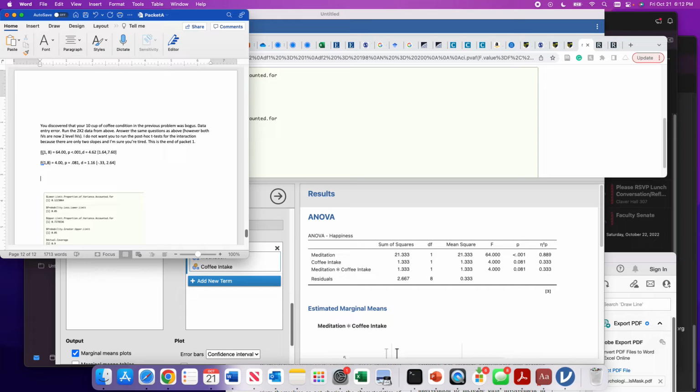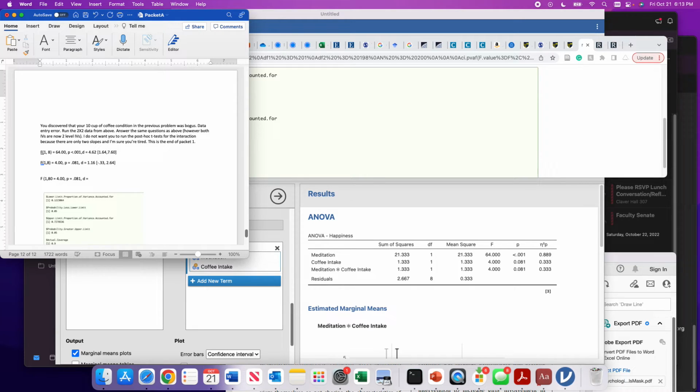So we have, our interaction was not significant. F with 1 and 8 degrees of freedom equals 4.00. P equals 0.081.